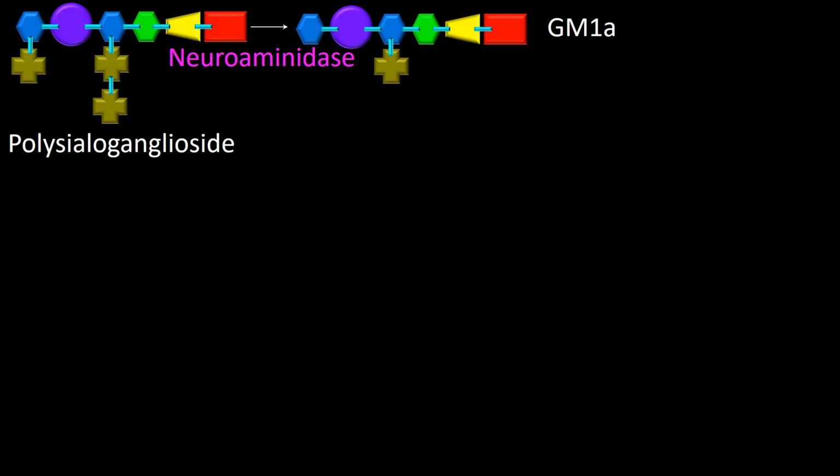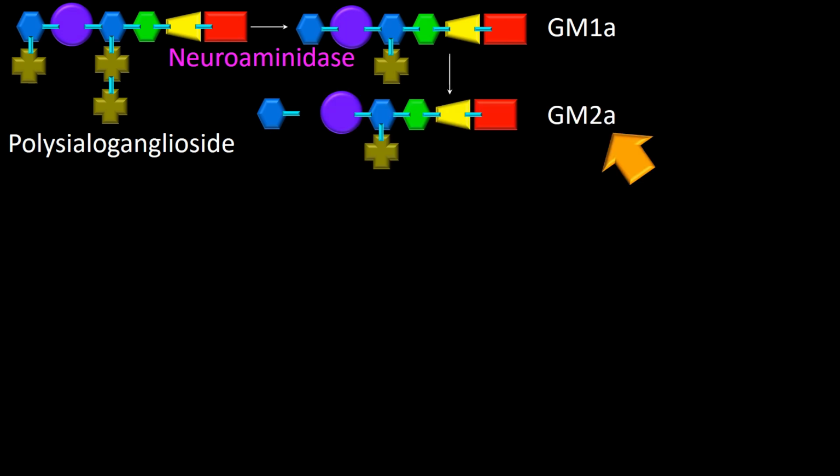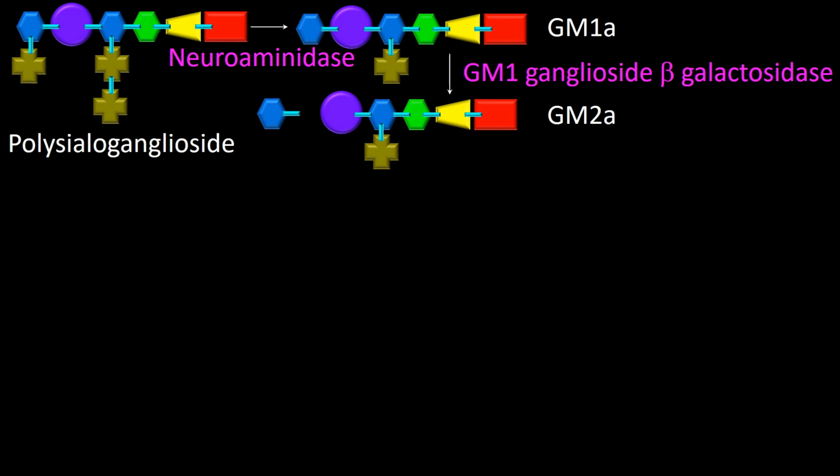To answer this question, let's go back to GM1A. Losing a galactose becomes GM2A. The job is mainly done by ganglioside beta galactosidase.